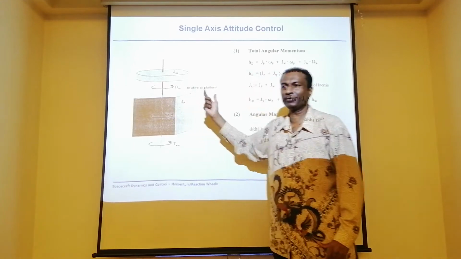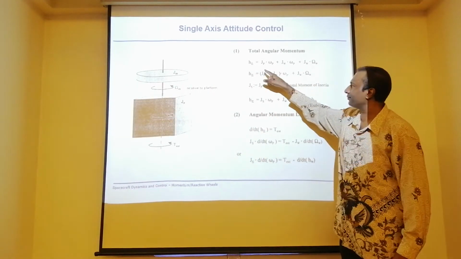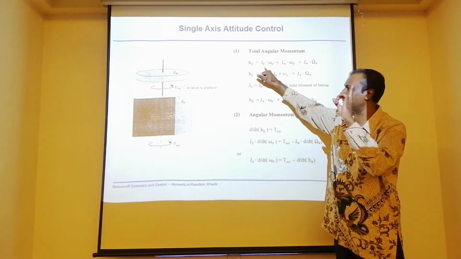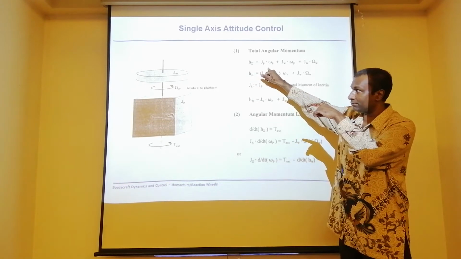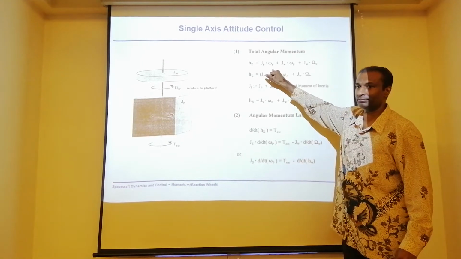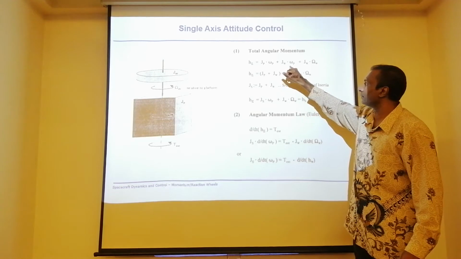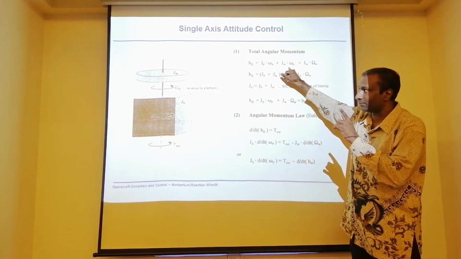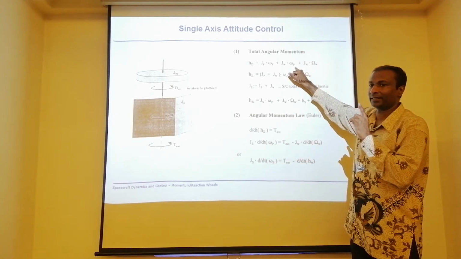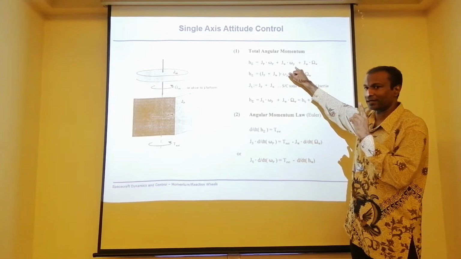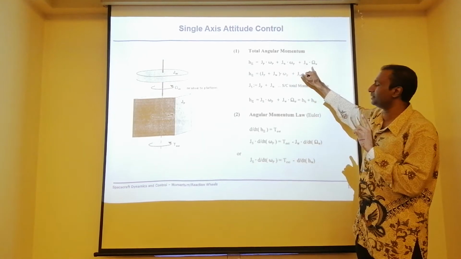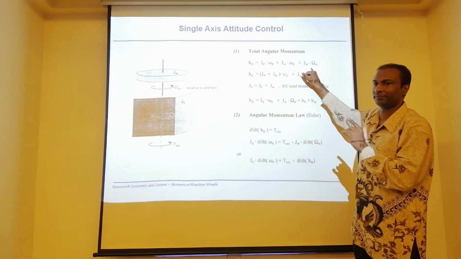So the important total momentum involved in this system is the platform's angular momentum, plus the wheel's angular momentum due to the platform's angular rotation, plus the actual rotation of the wheel itself.